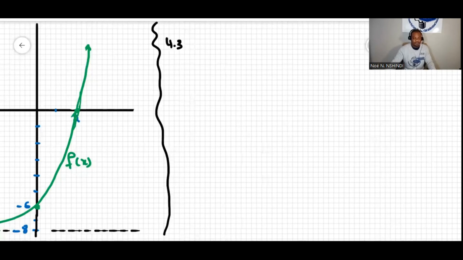Question 4.3 says the graph of g is obtained by reflecting f on the y-axis. By the reflection on the y-axis, what we do in this situation is change the sign, because f of x is given by 2 to the x plus 1, minus 8.